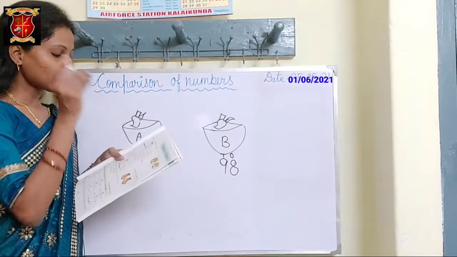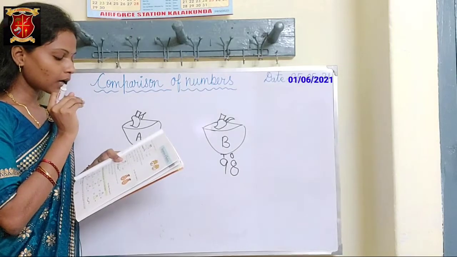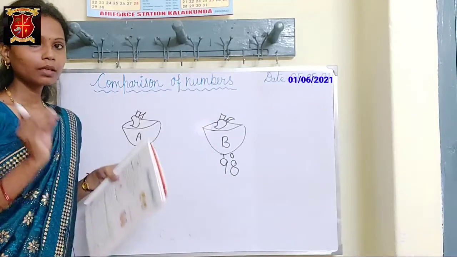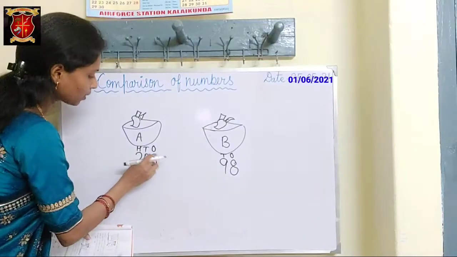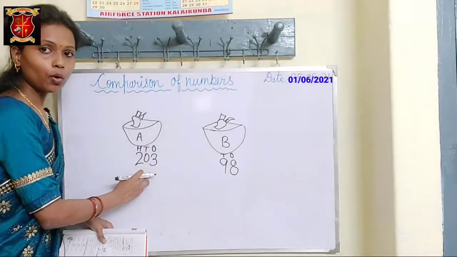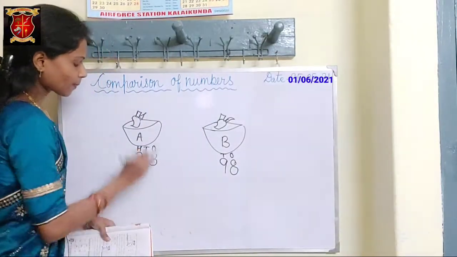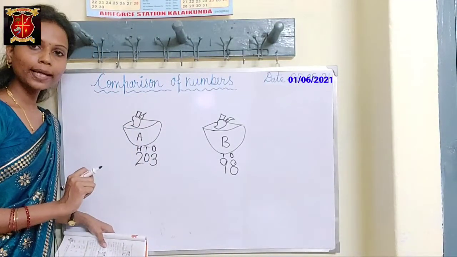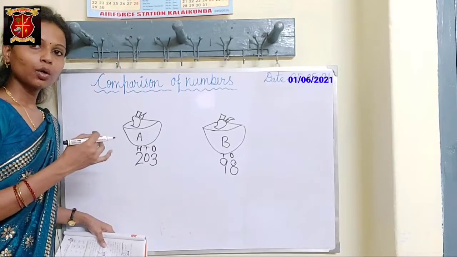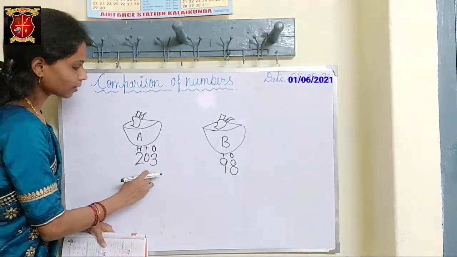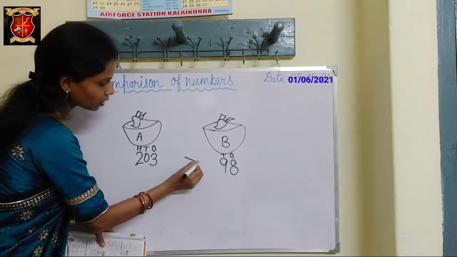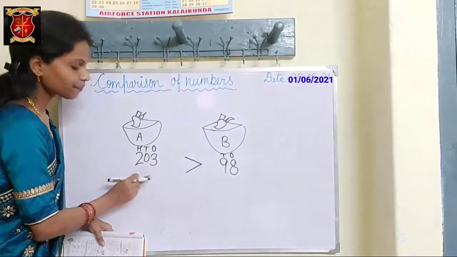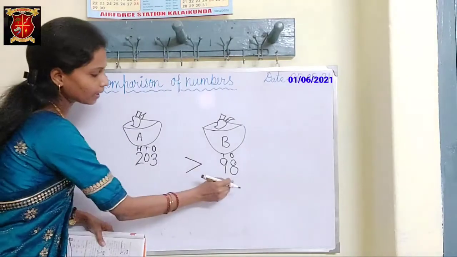Now here 3 digits are more than 2 digits. Keep this in mind. The 3 digit is more than 2 digits. So 203 and 98. Which one is greater? Greater means big. 203. So we will put a greater sign because this number is more than 98.